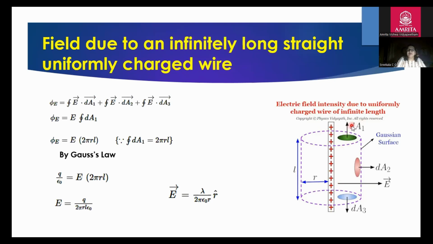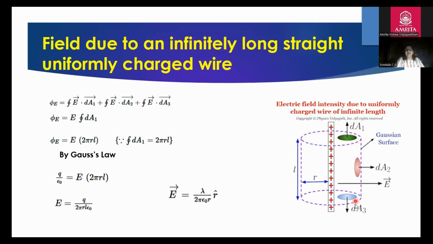The base surfaces are represented as dA1 and dA3, then the curved surface as dA2. We know that the electric field lines from these charges will be normal to the curved surface, and perpendicular to the base surfaces.